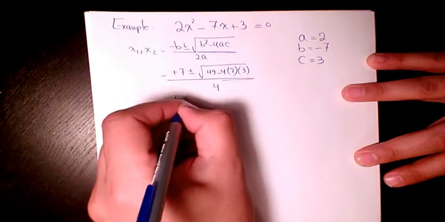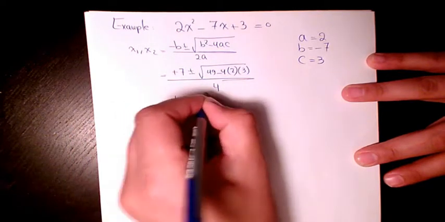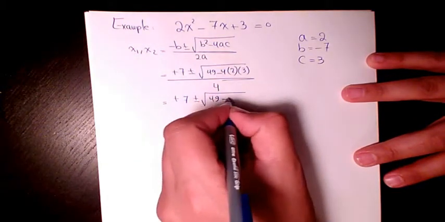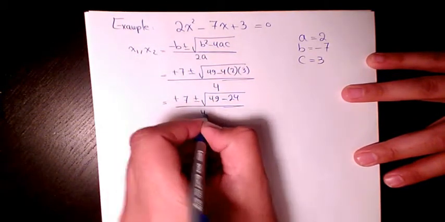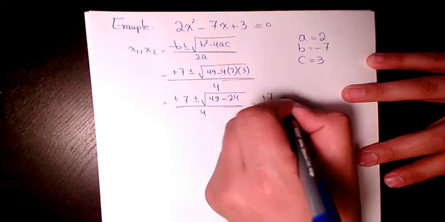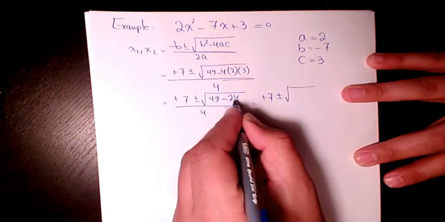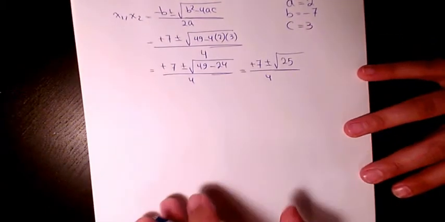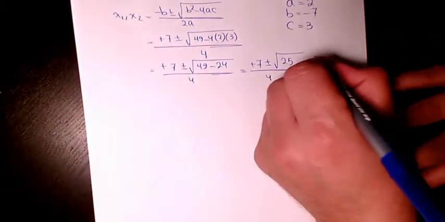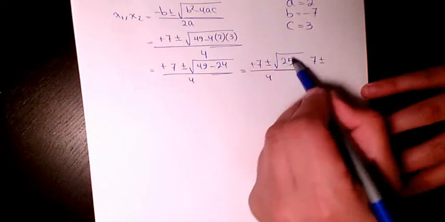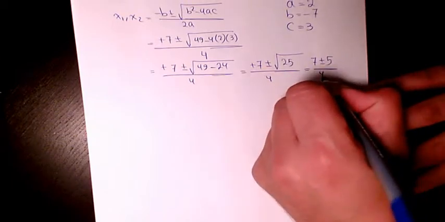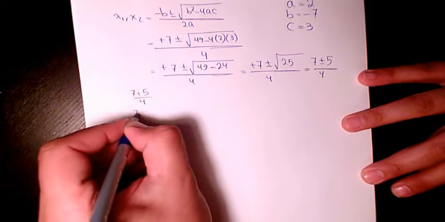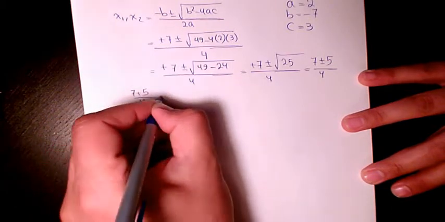So we have plus 7 plus minus square root of 49, 4 times 2, 8 times 3, 24. So we have 7 plus minus square root of 49 minus 24, which is 25, divided by 4. So then we have 7 plus minus square root of 25, which is 5, over 4.